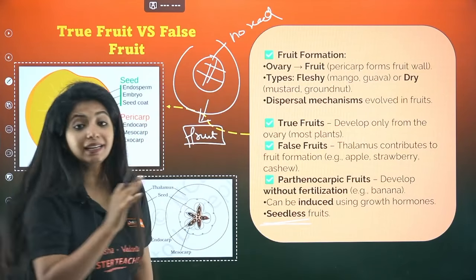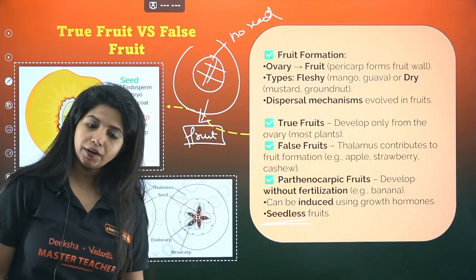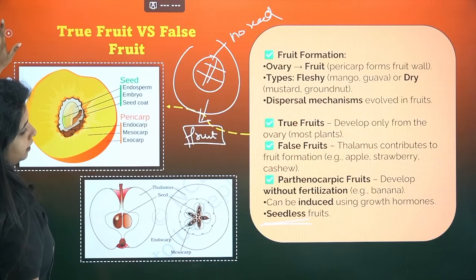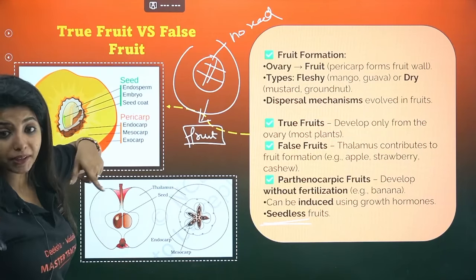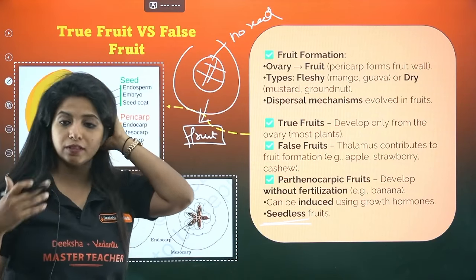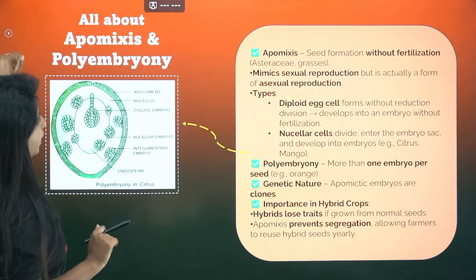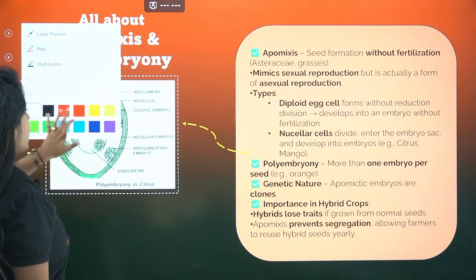They are seedless in nature. You cannot have any seed out there. Example is banana, and you can induce it also. So for example, if tomorrow I want some seedless variety of fruit, I can do that. Cool. Now we have apomixis and polyembryony.